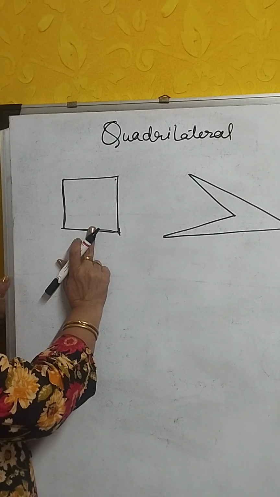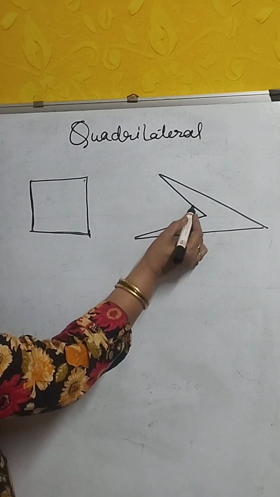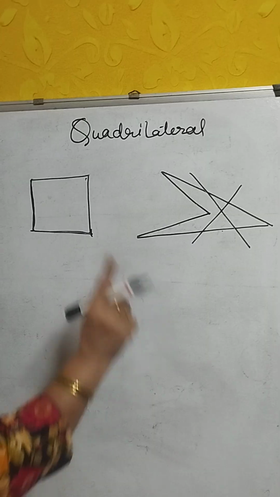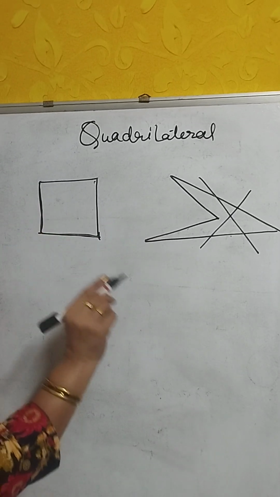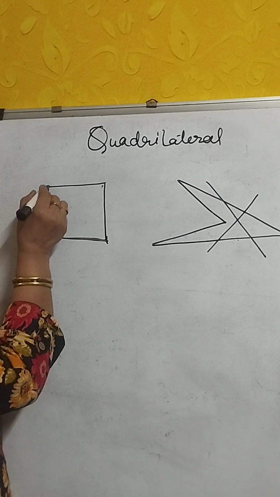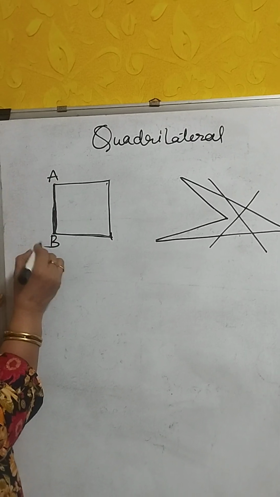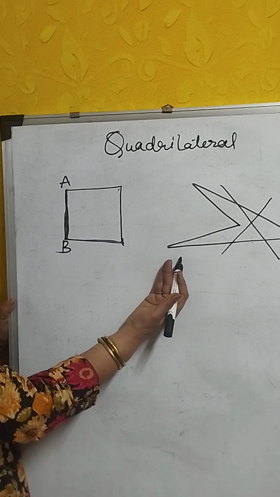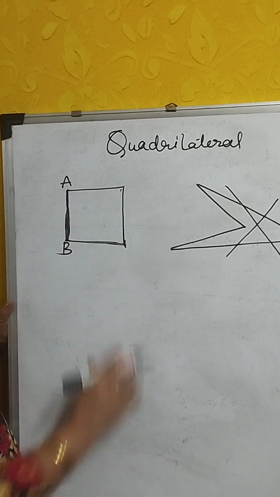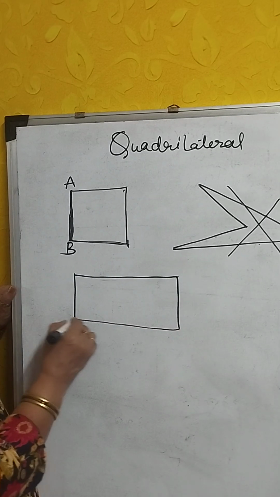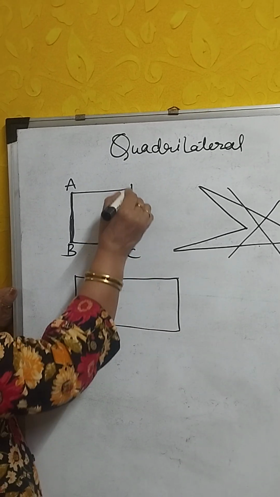But this has four sides, here also four sides, 1, 2, 3, 4. This is not a quadrilateral, because what is the quadrilateral then? If you consider one side, suppose this is AB, then all three remaining sides should be on one side. It is a quadrilateral. Take one more example, suppose this is ABCD.